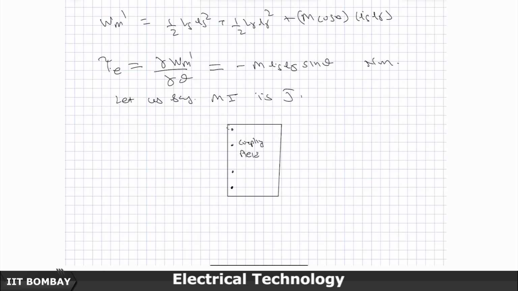This is just a depiction: one is the stator winding with the resistance Rs, and I have applied a Vs to it. The other is similarly the rotor winding, with Vr applied and the resistance is Rr.